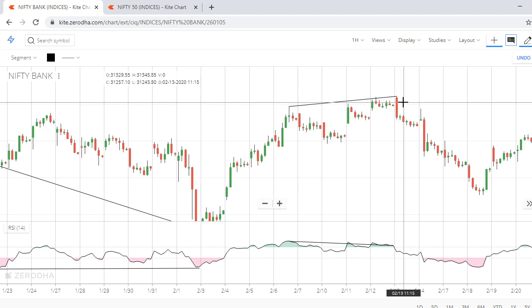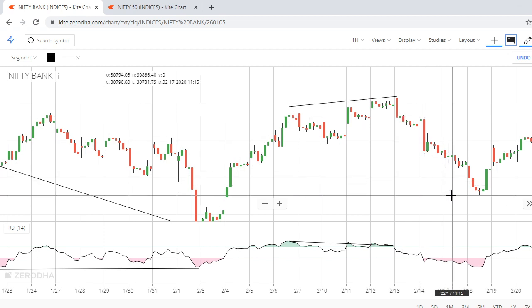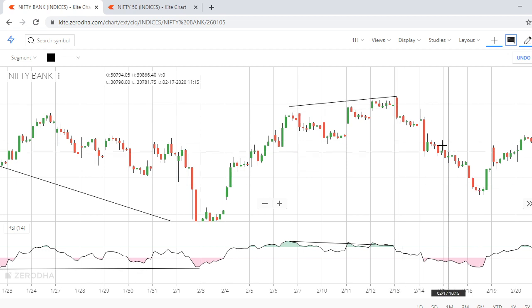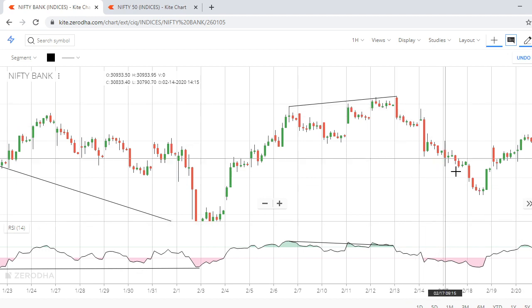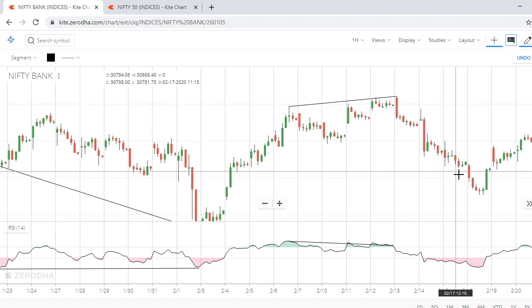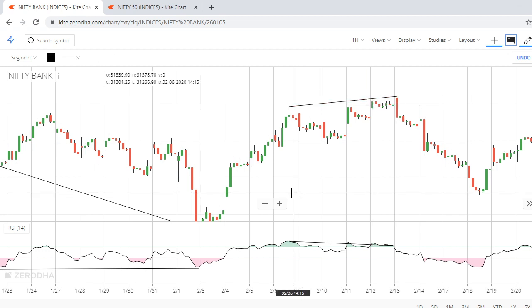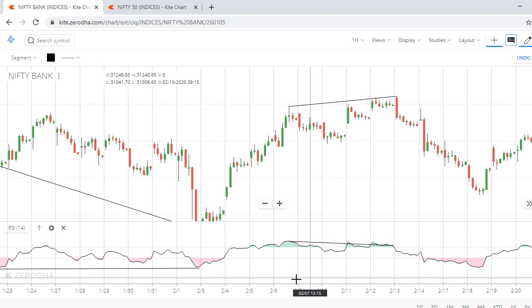Once someone might have shorted here, or even after this candle, somewhere around 31,400 to 30,200, 1200 points. As I said, 1000 to 1500 points you can get easily. Okay, this is the classic example for bearish divergence. The stock is going up, RSI is coming down.